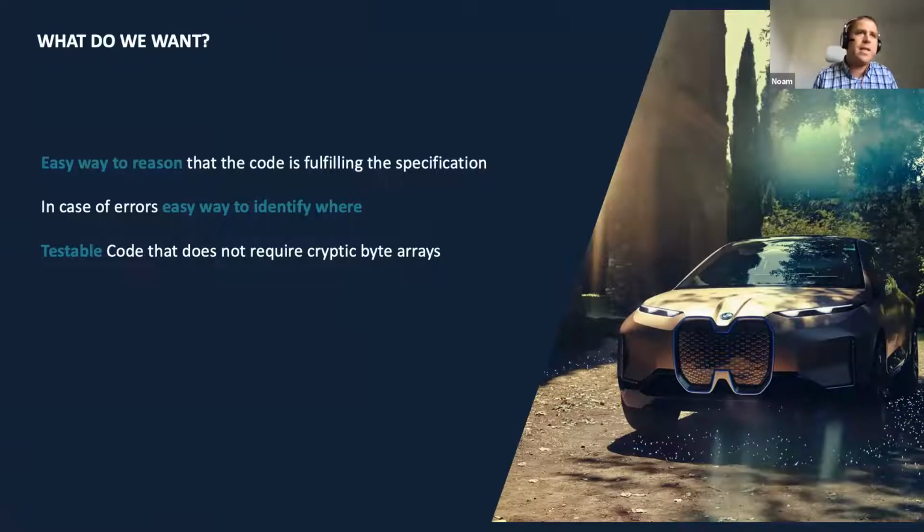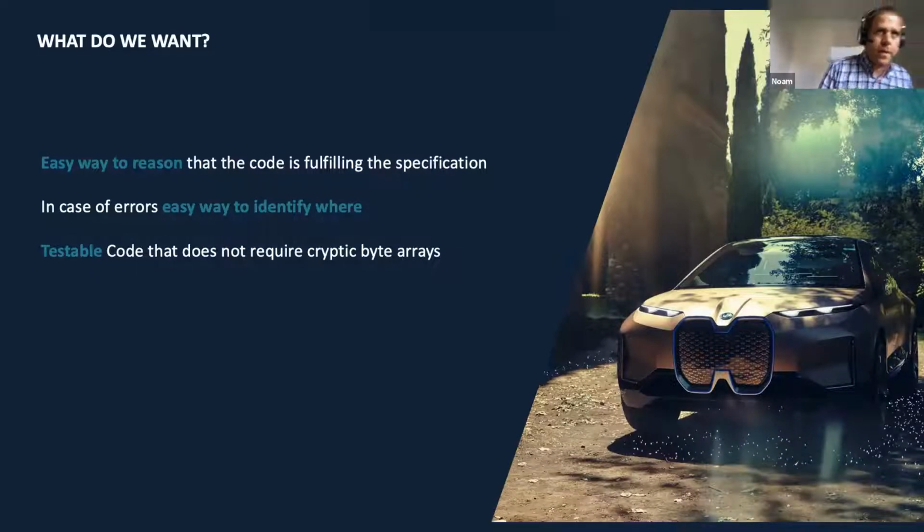So first of all, we need a very easy way to reason that our code is fulfilling the specification that we are given. The specification is usually a big Word sheet with some tables in it, telling you how you can get each and every piece of information from the blob of byte arrays that you are getting from the logger.